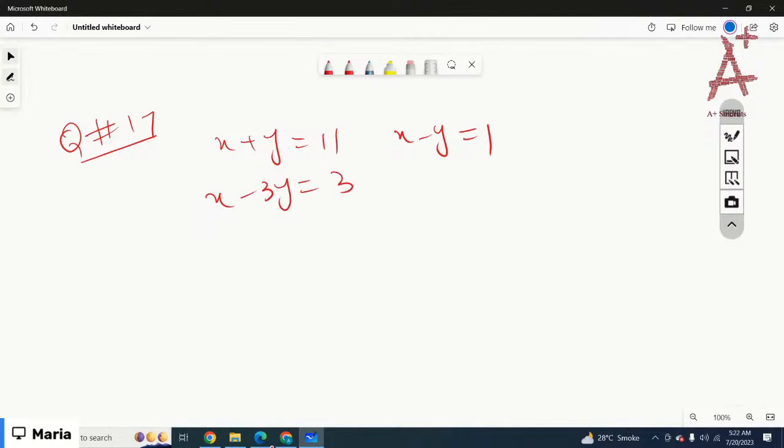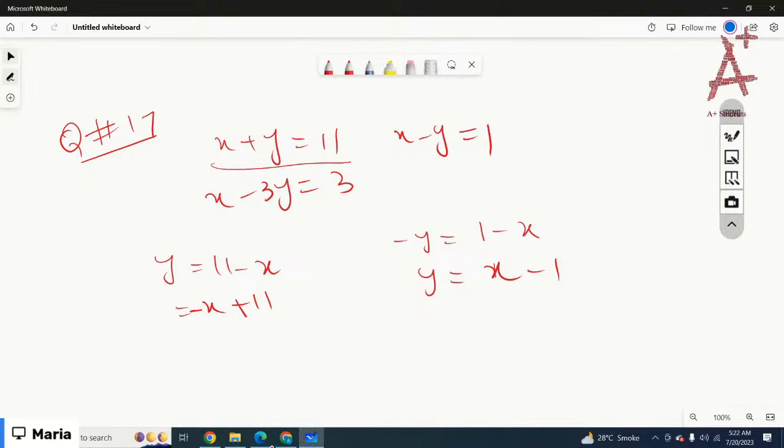Let's write down these equations in the form y equals mx plus b. y equals 11 minus x, negative y equals 1 minus x, so y equals x minus 1.